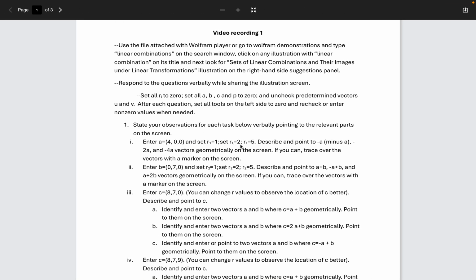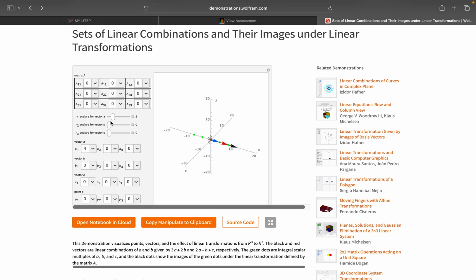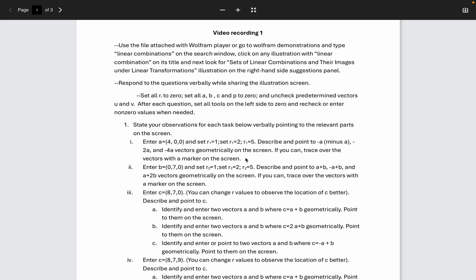And once we put it up to 5, we can see that the dots expand even farther. So this would go up to 1, 2, 3, 4, and 5. Once this scalar of 5 is multiplied by 4, we would end up at 20.